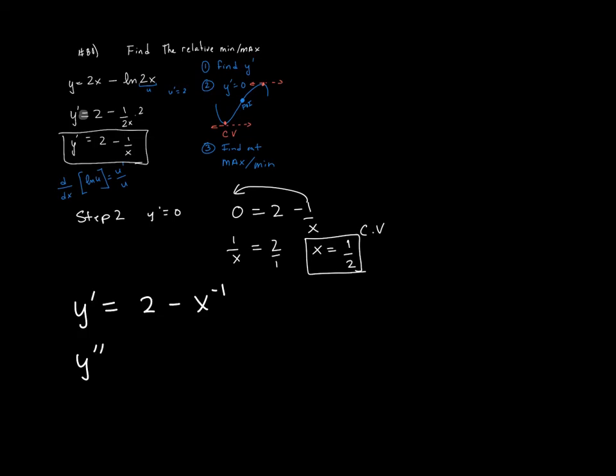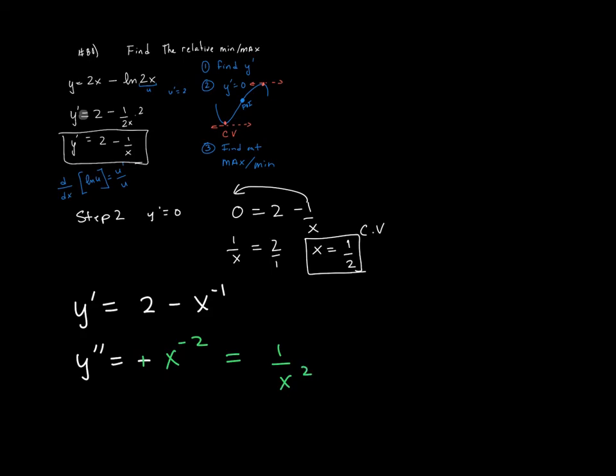The second derivative of that, the 2 becomes 0 and goes away. So that's a negative from the outside here. Negative 1 comes down in front, which turns that into a positive, x to the negative 2, or 1 over x squared.